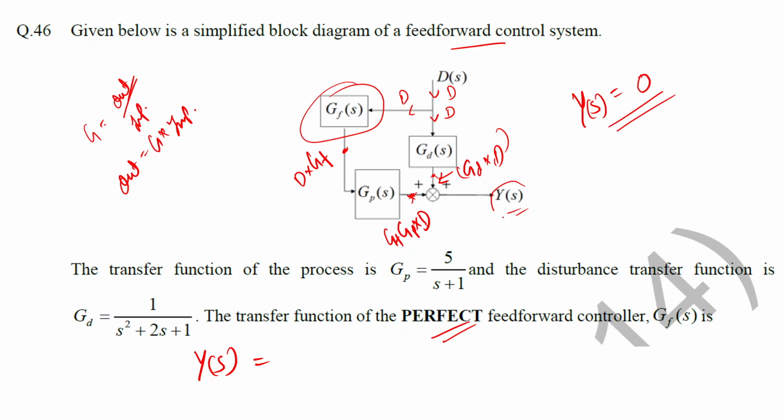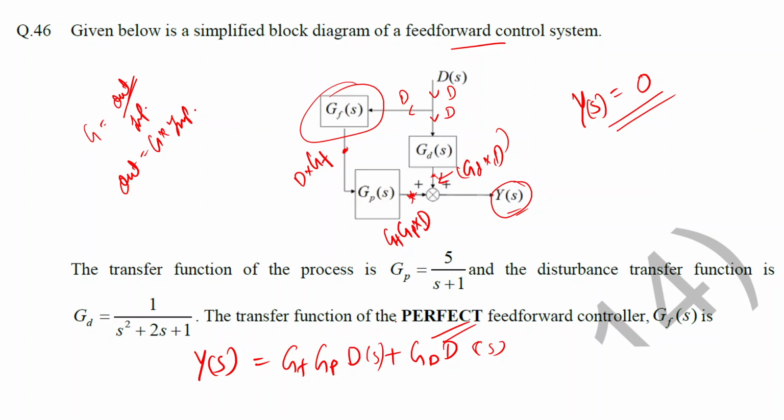That is, we can write this Y of s as the summation of both of these values, that is Gd into D plus Gf Gp into D. So let's write it as Gf Gp D plus Gd into D. All of this will be in terms of the s domain.